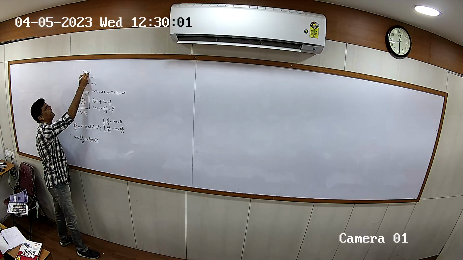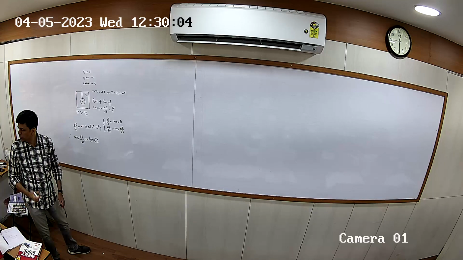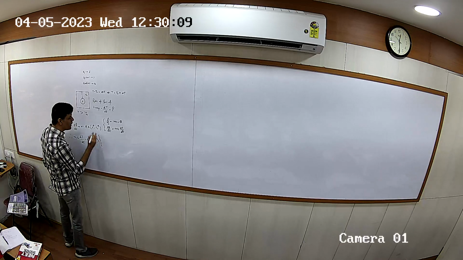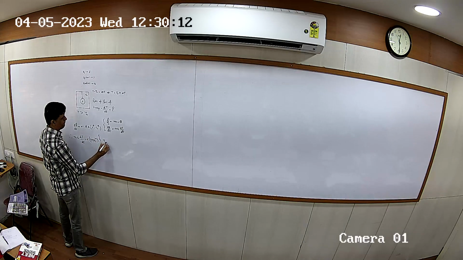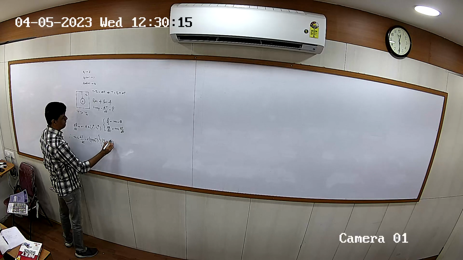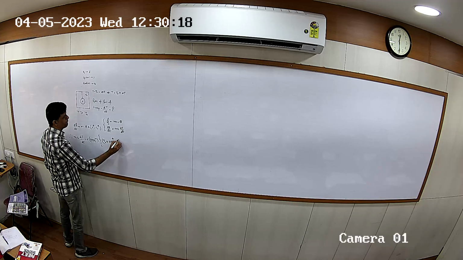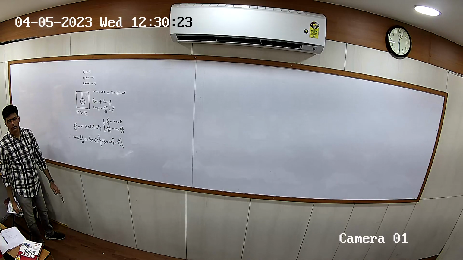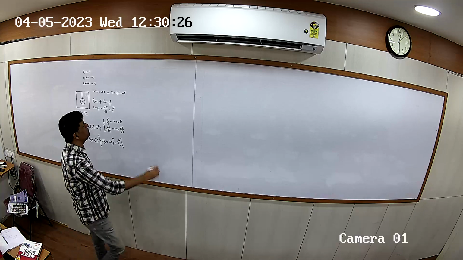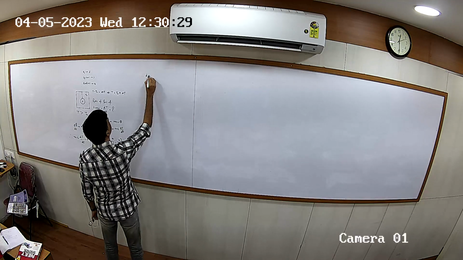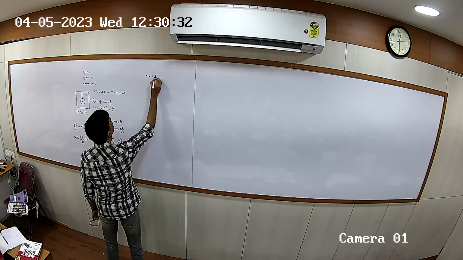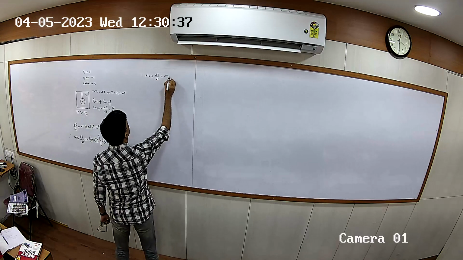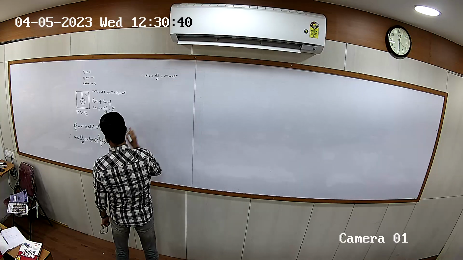Try to get your calculations in the terms that are given to you. Is this clear? T raised to 4, I don't want T. Mass, what will you write? Density into volume. Density into volume into specific heat, d theta by dt, sigma 4 pi r square.